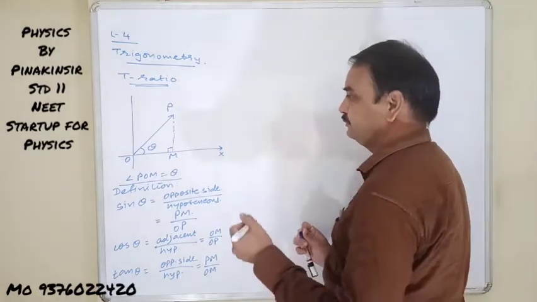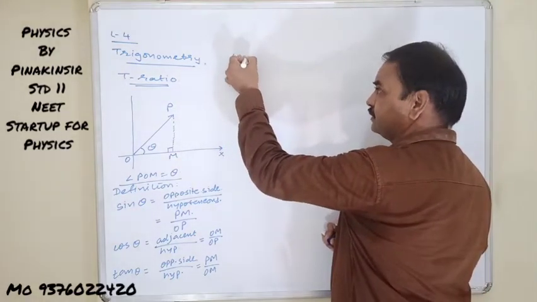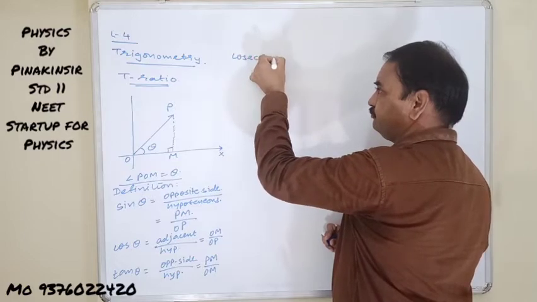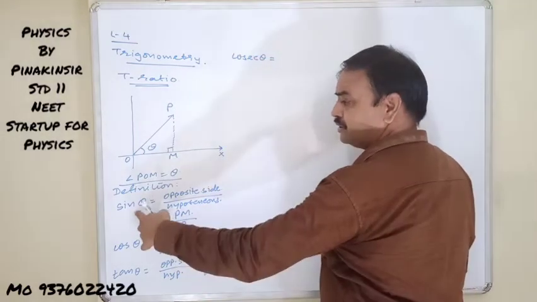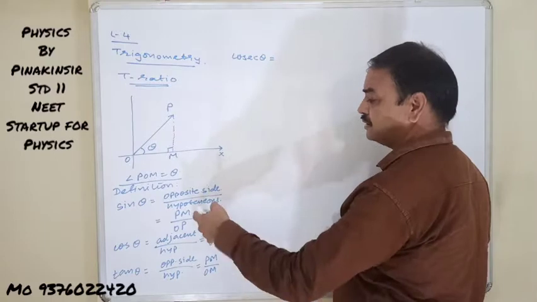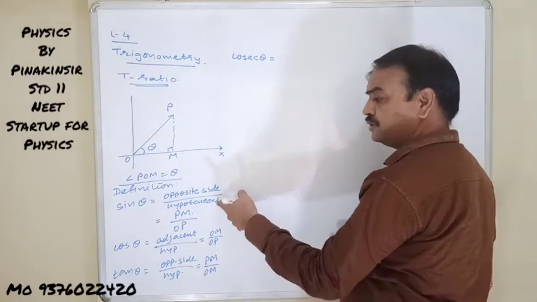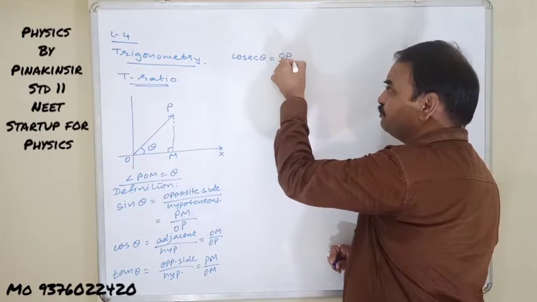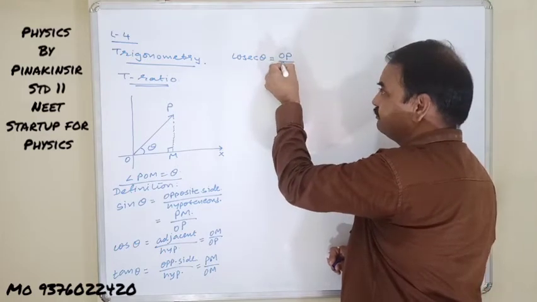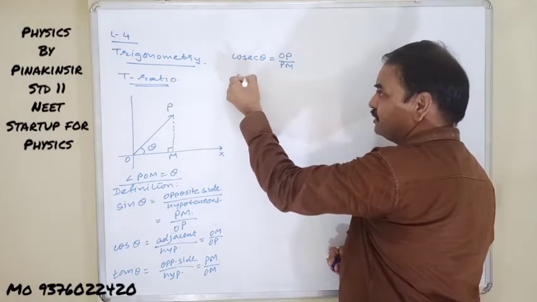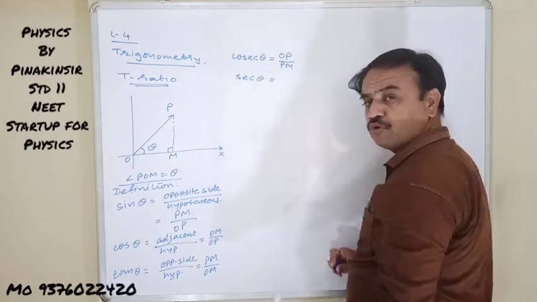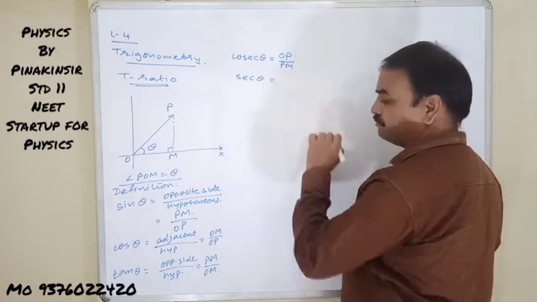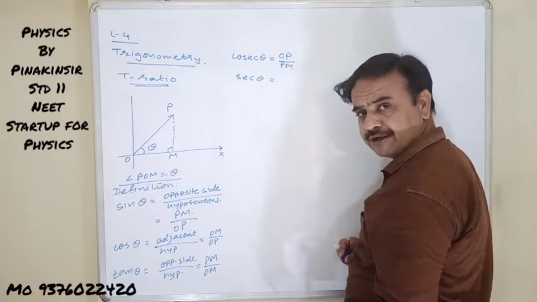One is cosec theta. Cosec theta is inverse of sine theta. It is hypotenuse by opposite side, or in figure we can write OP by PM. Sec theta is inverse of cos theta, given by hypotenuse divided by adjacent side.